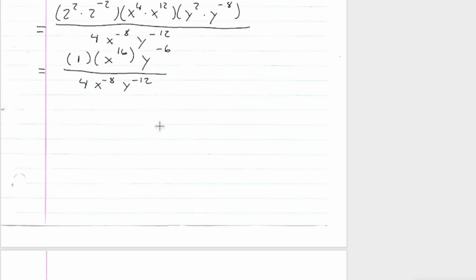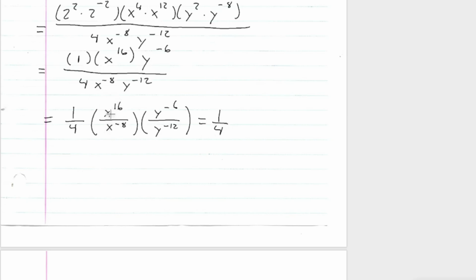And now what we do is this is the same thing as, so I'm going to put 1/4 over here, and then times x to the 16 over x to the -8, times y to the -6 over y to the -12. And this will be 1/4. And then this is 16 minus -8.